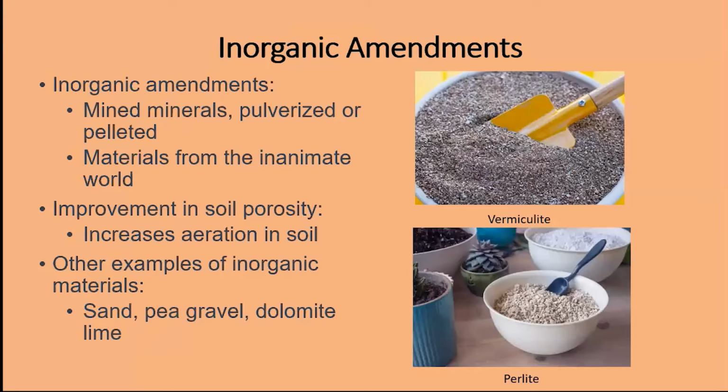Well, there are inorganic amendments as well, and these are usually from the mined minerals, and they've been pelleted or pulverized. The main function of the inorganic ones is to improve your soil porosity and aeration, possibly moisture content too, as vermiculite will hold moisture, perlite adds porosity, and here are some other examples of inorganic materials.